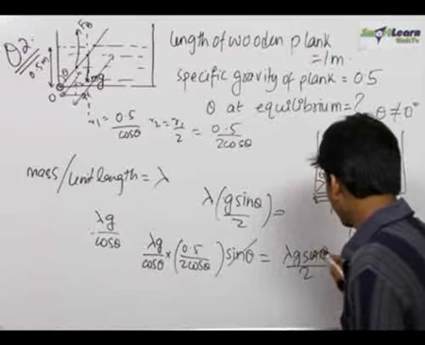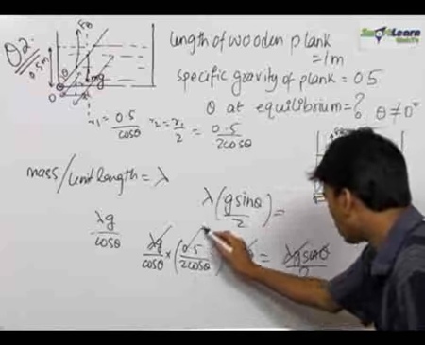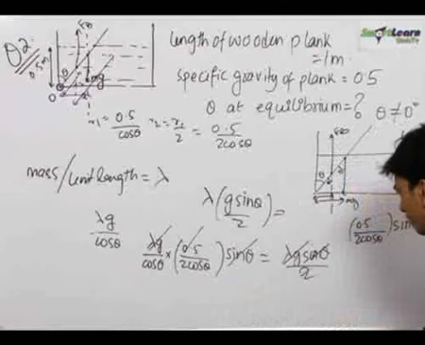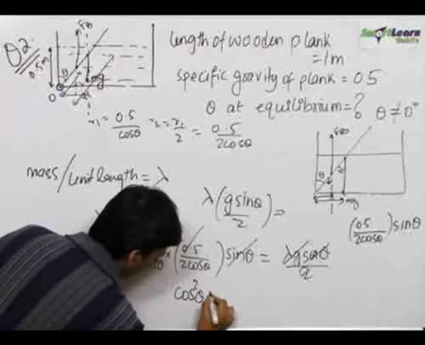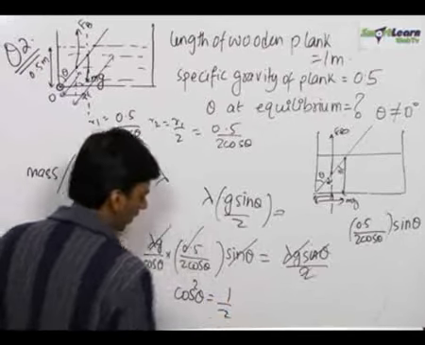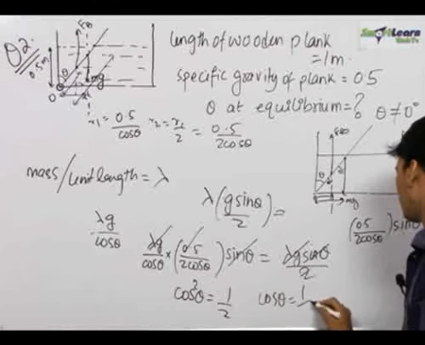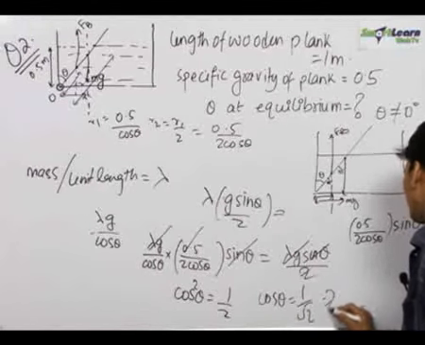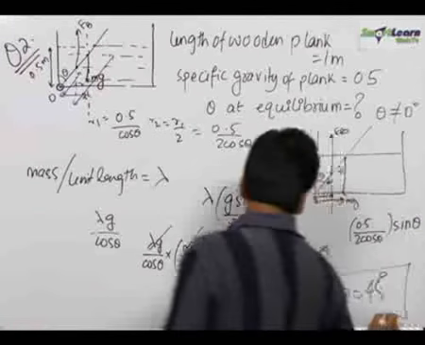So sin theta cancels, lambda g cancels, this 0.5 cancels with 2. So we get cos square theta is equal to half. Therefore cos theta is equal to 1 upon root 2 and theta is equal to 45 degrees.